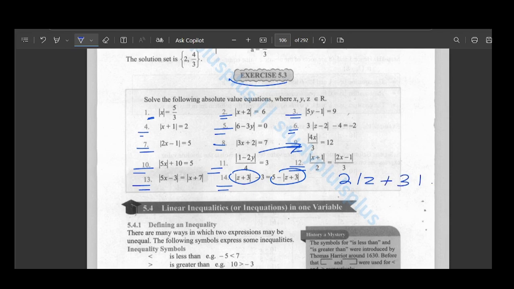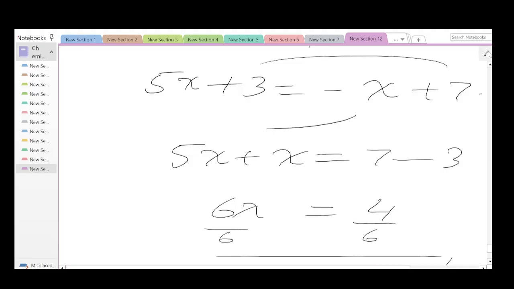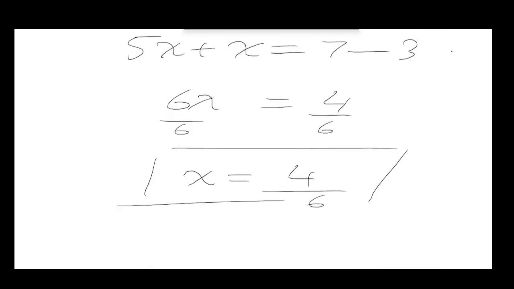Okay, now let's solve the expression. Let's write the expression which we have, that is z plus 3 inside of the absolute value bracket, negative 3, and that is equal to 5 minus z plus 3.